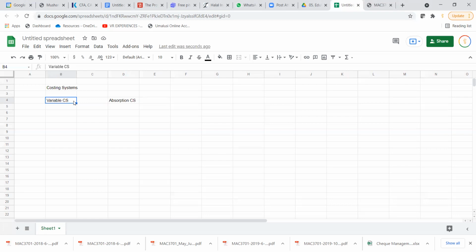So let's understand why. In management accounting, a large portion, if not the entire portion of management accounting, is about short-term decision making. Okay, the long-term decision making is more in the area of MAC3702 financial management, but the short-term decision making is more in management accounting.